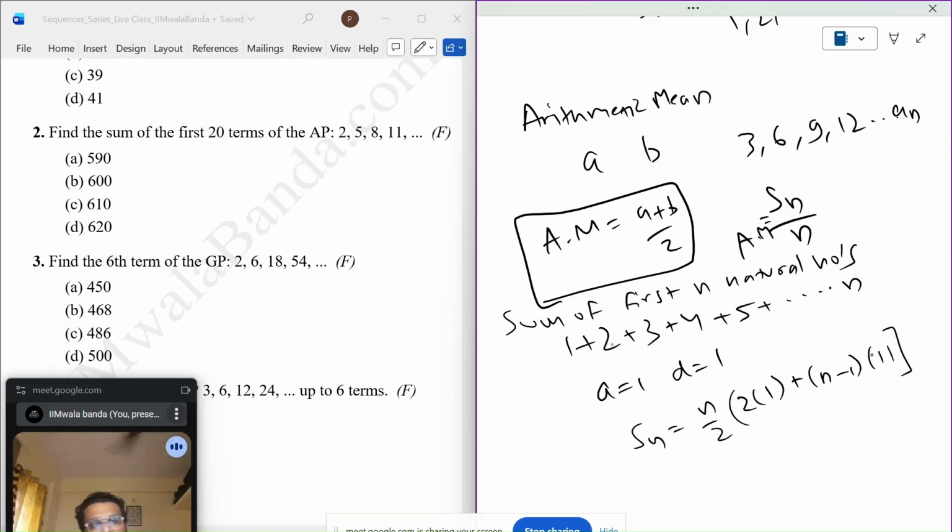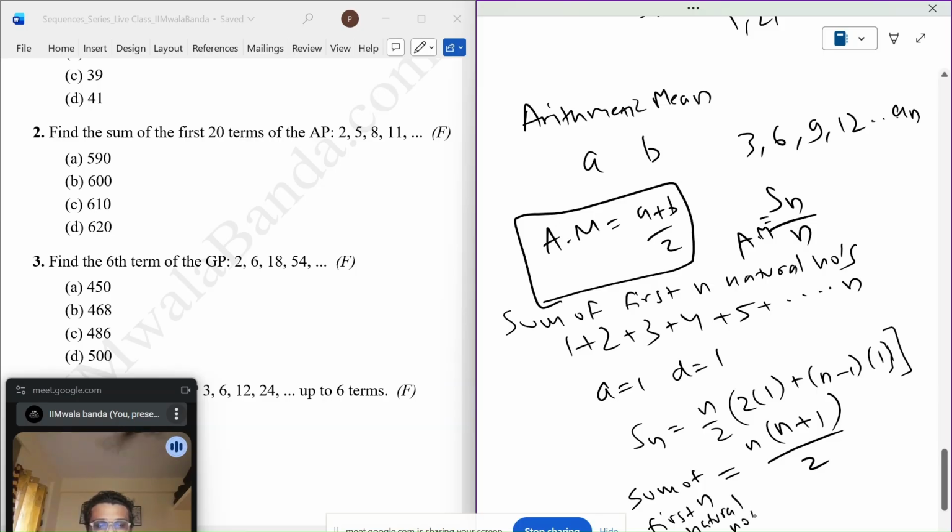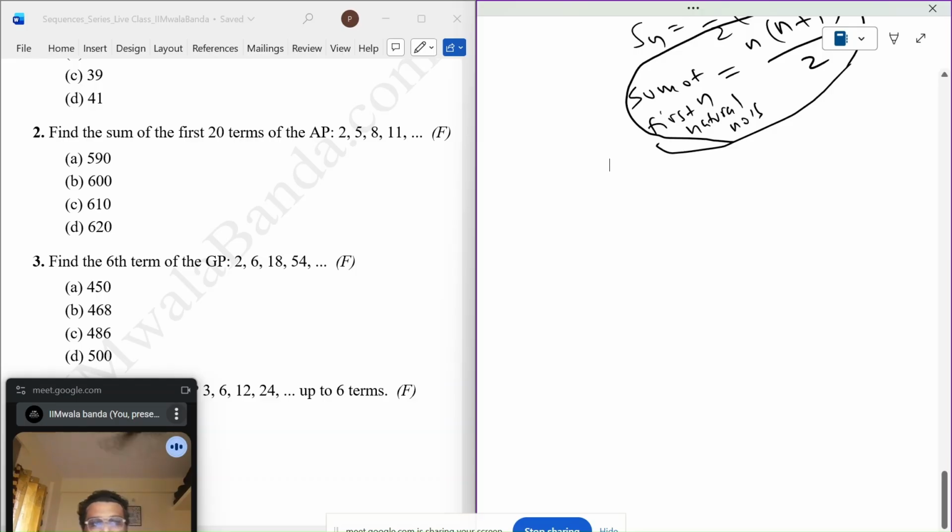This is basically 2 plus n minus 1, or n plus 1. So this is your sum of first n natural numbers. This also will come very handy if you can remember, great. Otherwise, you can quickly find it out. Got it? So this also you can note down.